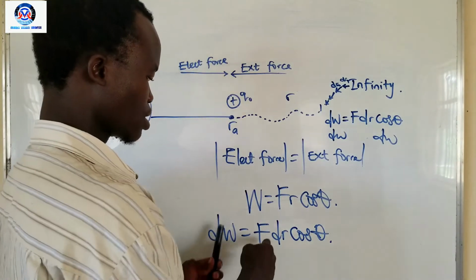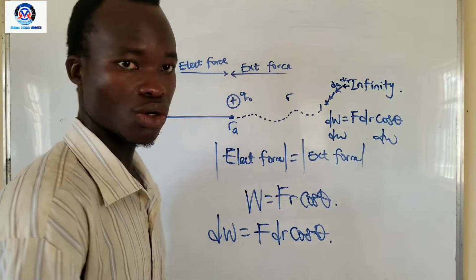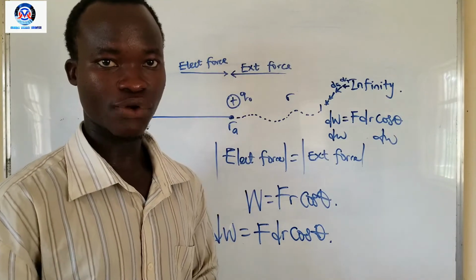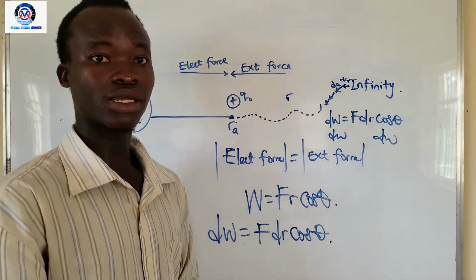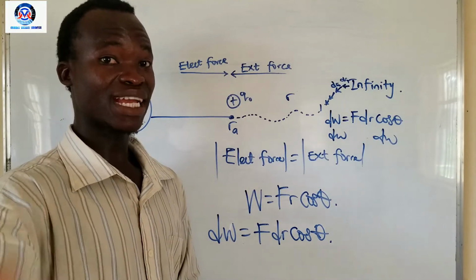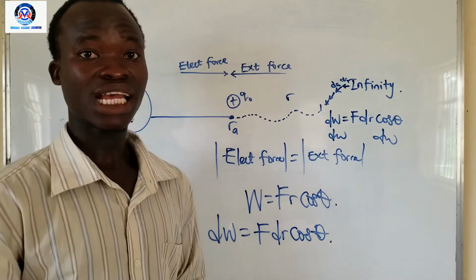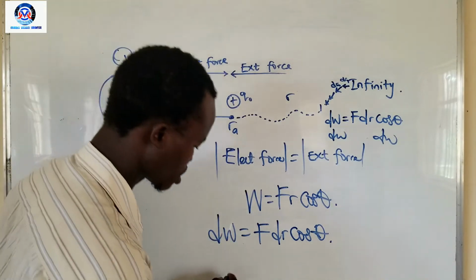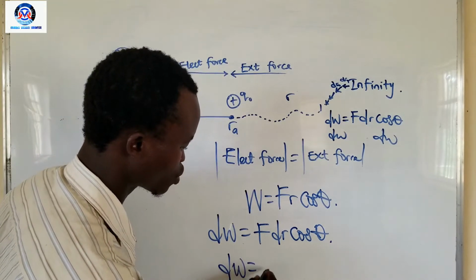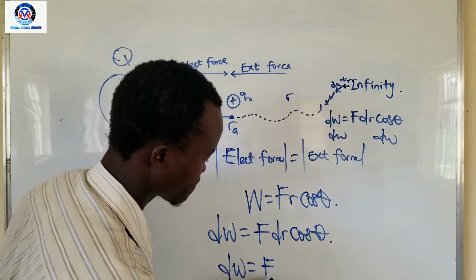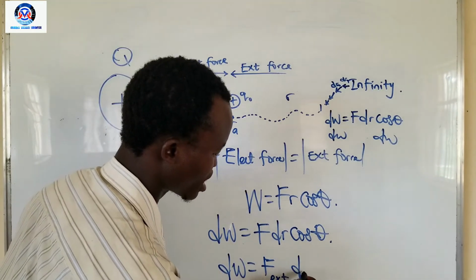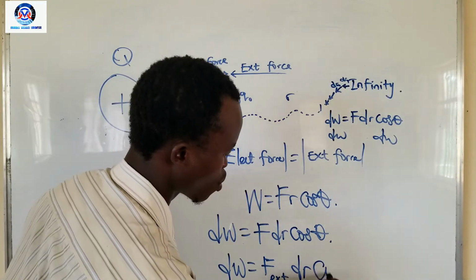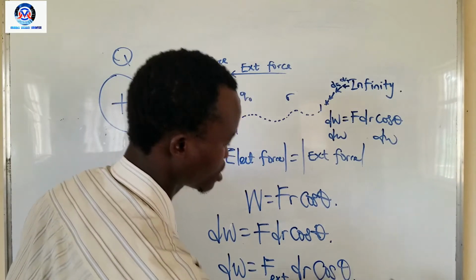Now, don't forget that the force we are considering here is the external force, because the work must be done by an external force. So we can write dW equals F dR cos theta, that is, external force multiplied by the small distance times cos theta.